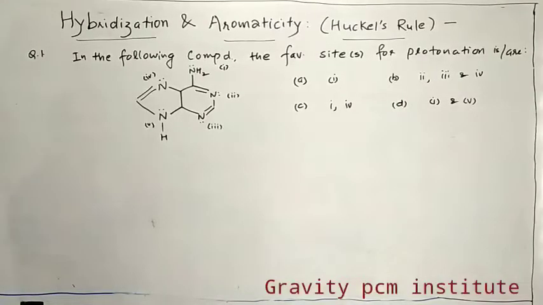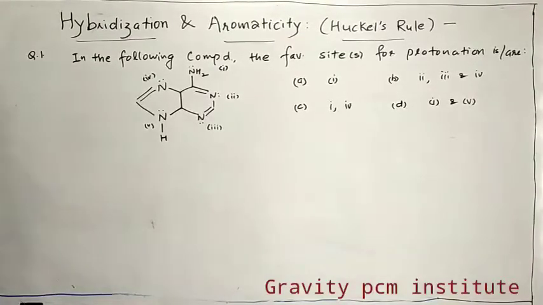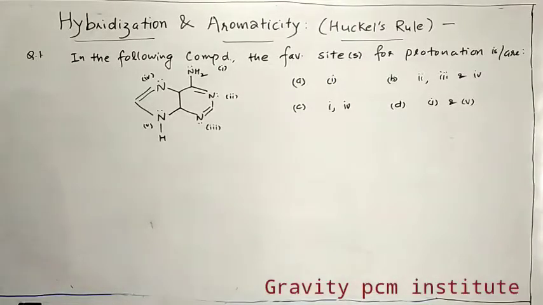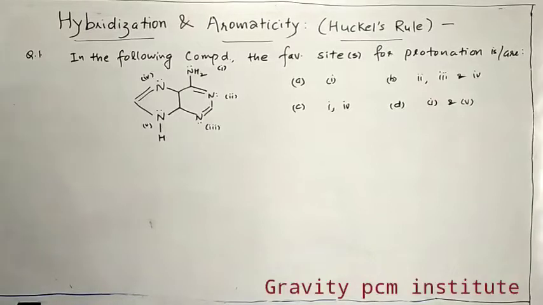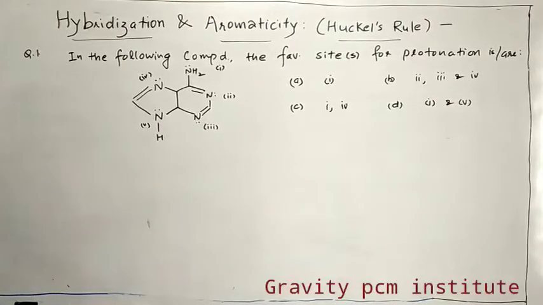If the lone pair of electrons on nitrogen gets involved in resonance, it means that lone pair is not easily available. So we will apply the concept of hybridization and try to find which lone pair of electrons on a nitrogen atom is not involved in resonance, or you can say which lone pair is present in an sp2 hybridized orbital. In other words, we can say like this.